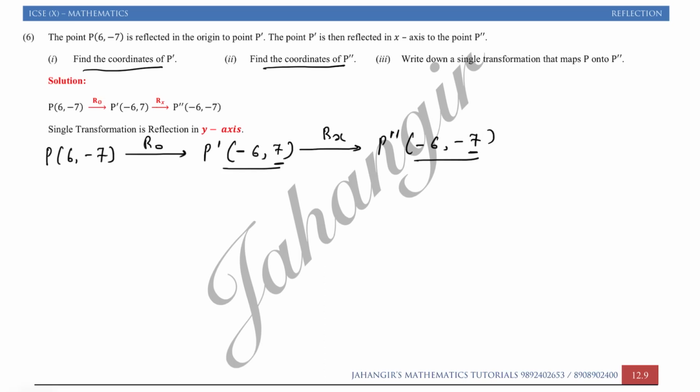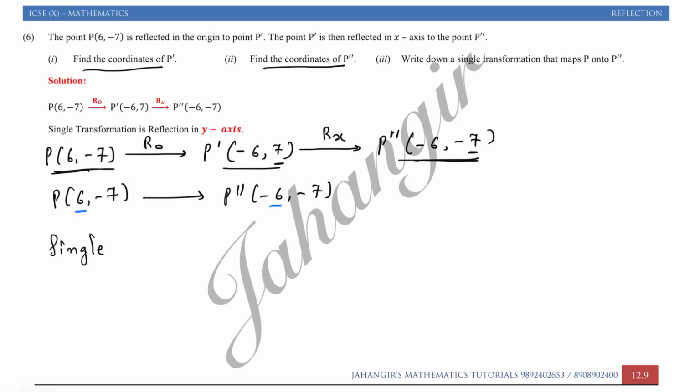Now we are writing the single transformation that maps P, that is (6, -7), onto P double dash (-6, -7). If you will see over here, only the x coordinate has changed sign. Whenever the x coordinate changes the sign, it is reflection in the y-axis. Single transformation means if you have to go from P directly to P double dash, how you can transform.